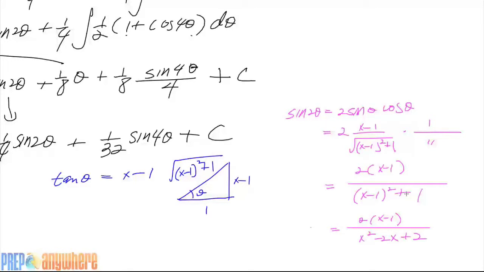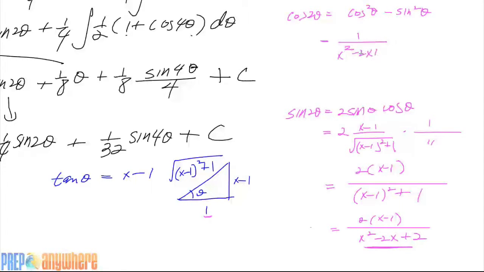Now cosine of 2 theta is cosine squared theta minus sine squared theta from the double angle formulas. So the cosine ratio is going to be 1 over this. If you square that, you're going to get just this. Remember, this expanded was this right there, so I'm going to just copy that down.